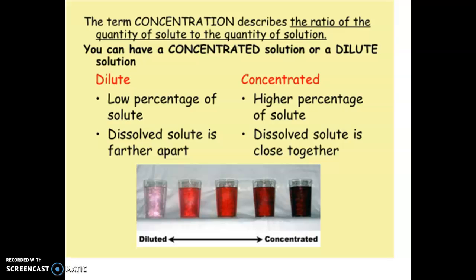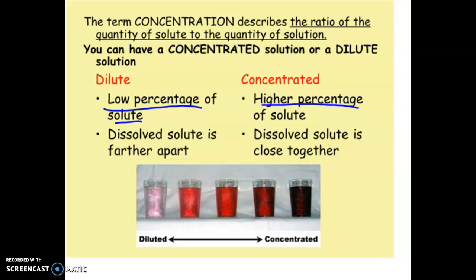The more concentrated something is, the more solute they have in that particular solution. So we have two generic terms here: concentrated and dilute. Dilute basically means that there is a small amount of solute.